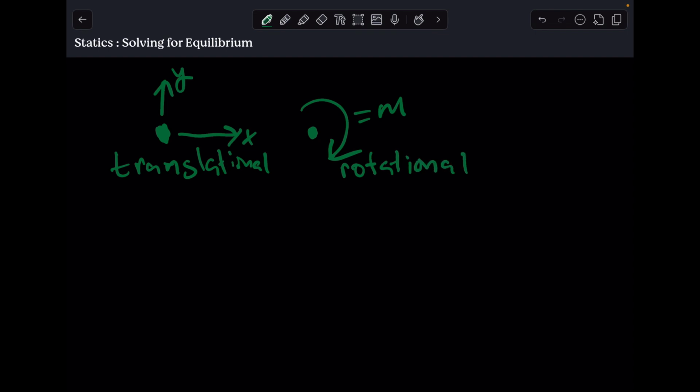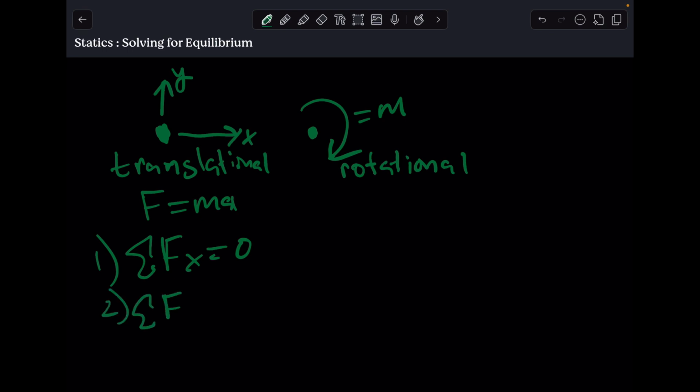In order for this to be true, we can look at this equation, F equals ma, right? And then we can come up with the following equations. Sum of the forces in the x direction must be equal to 0. That's number one. Our second equation is sum of the forces in the y direction must be equal to 0.